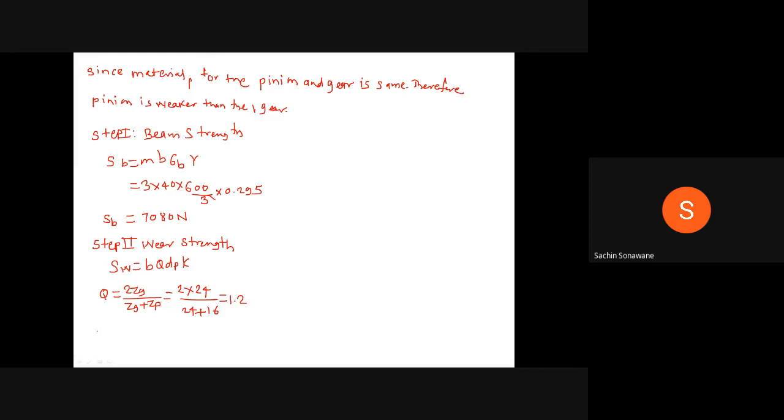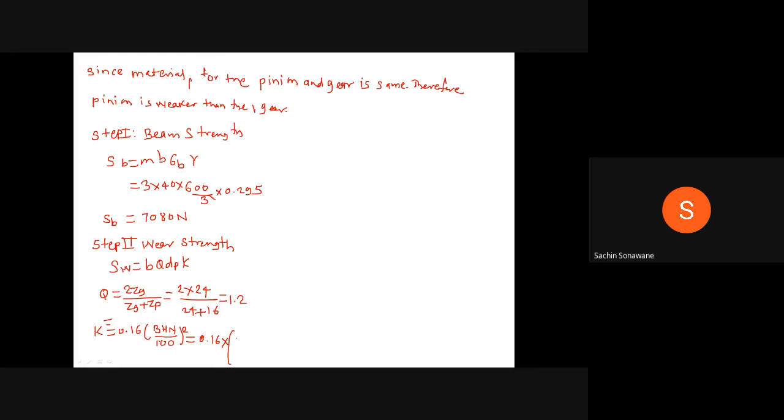Value of K is equal to 0.16 into (BHN divided by 100) squared. Therefore, substitute the values: 0.16 into bracket.